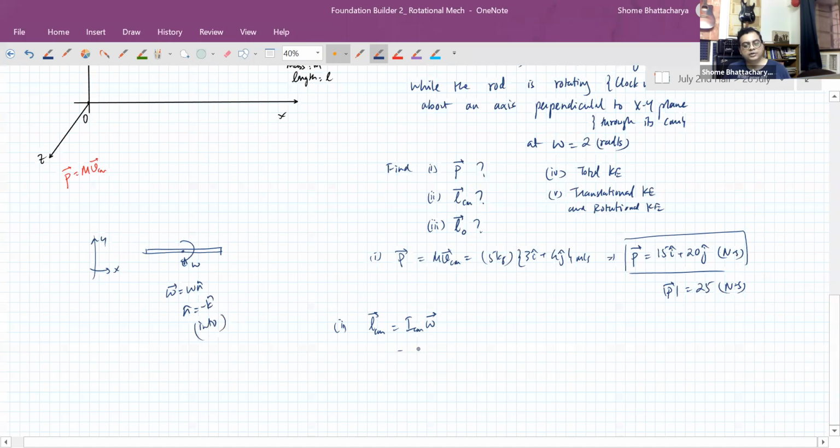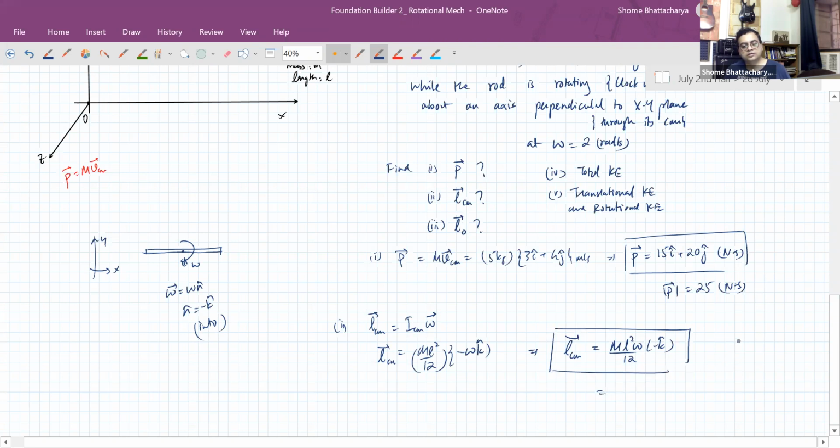Moment of inertia about the center of mass axis is m l square by 12, and the angular velocity with vector sign will become minus omega k cap. So the angular momentum about the center of mass is m l square omega by 12, and the unit vector is minus k cap.